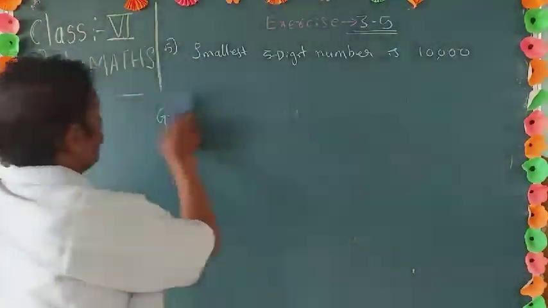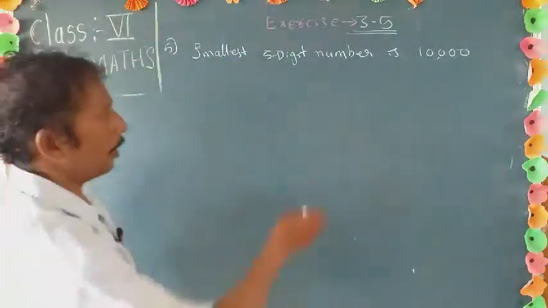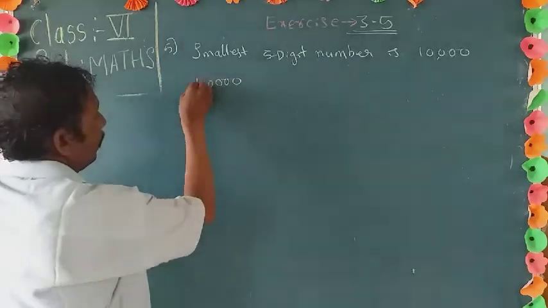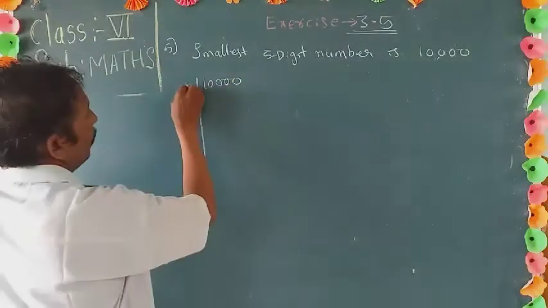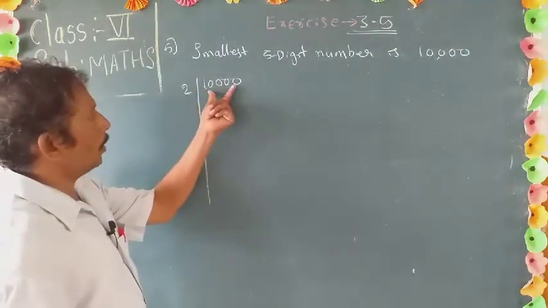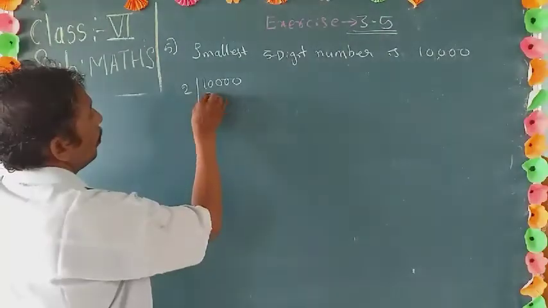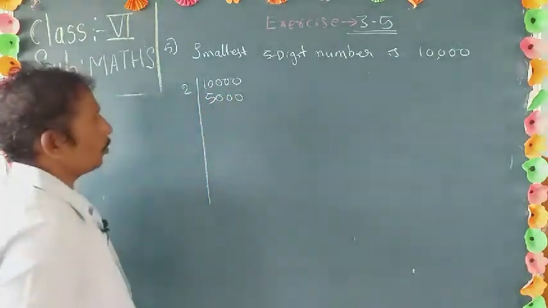Find the prime factorization of this 10,000. Write the number 10,000. Divide by prime factors only. First divide the number 10,000 by first prime number 2. 2 5s are 10. Then put 3 zeros.